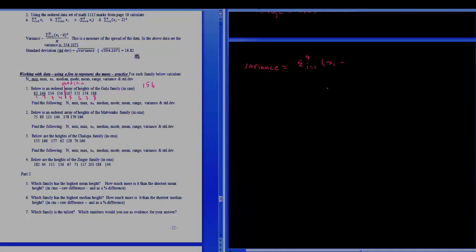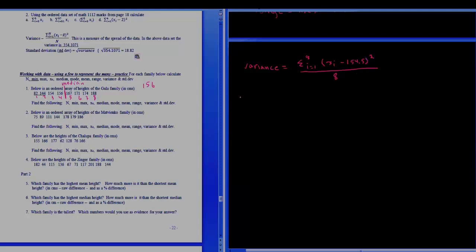X bar is the mean, and so in this case it's 154.5. We're going to use the same x bar every time. There's no little i there.